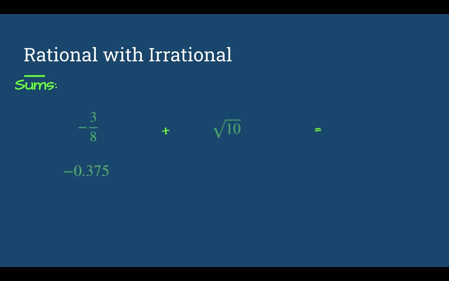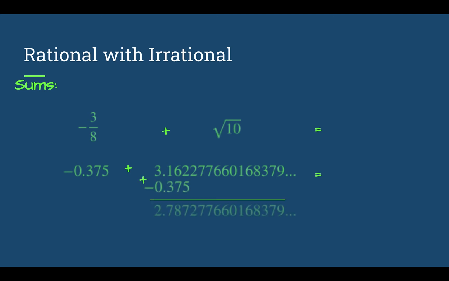So negative 3/8 is negative 0.375. Add that to the square root of 10, which is 3.16227766, and so on. Adding that together, I get 2.787277, and then the rest of it's the same as the square root of 10 was.